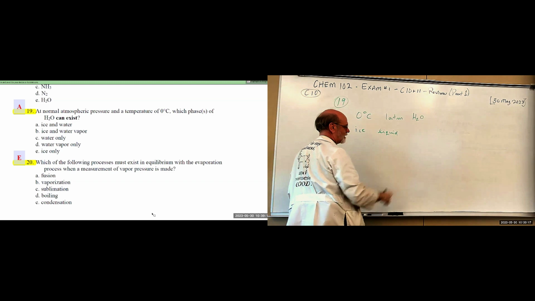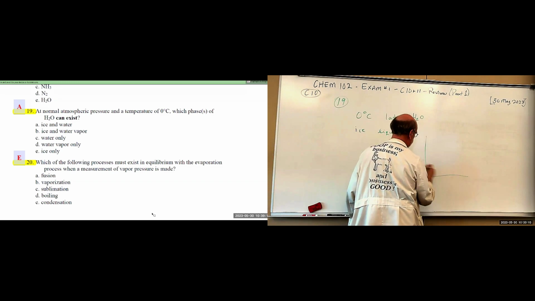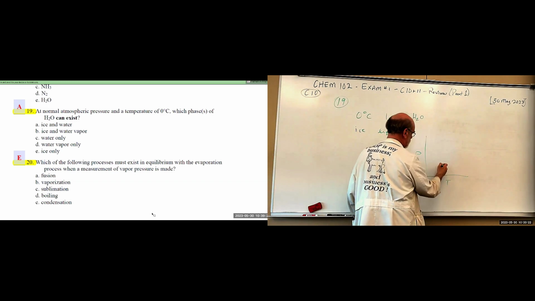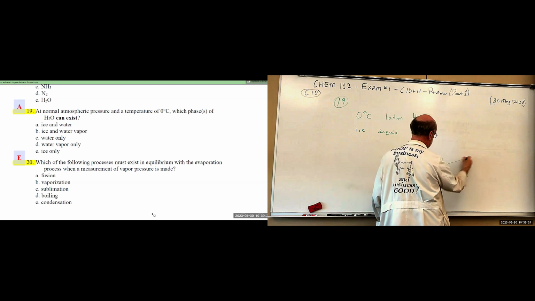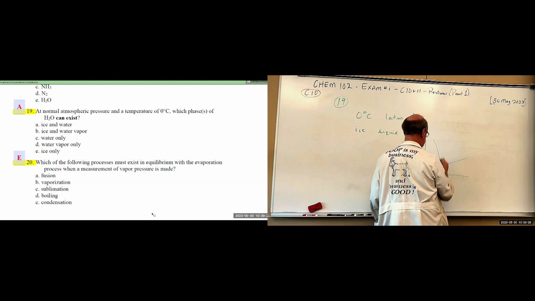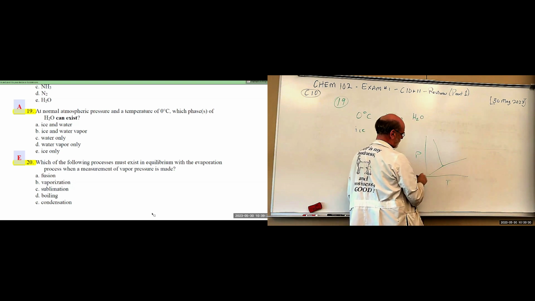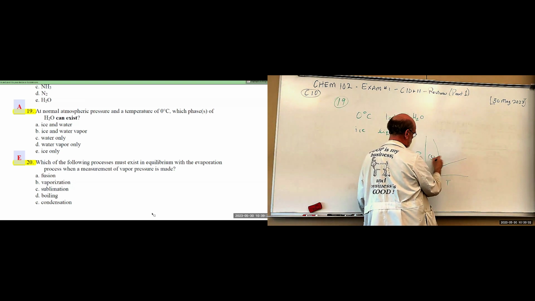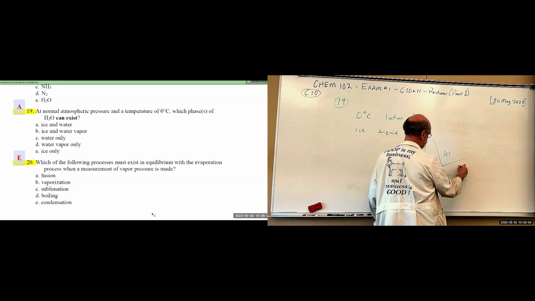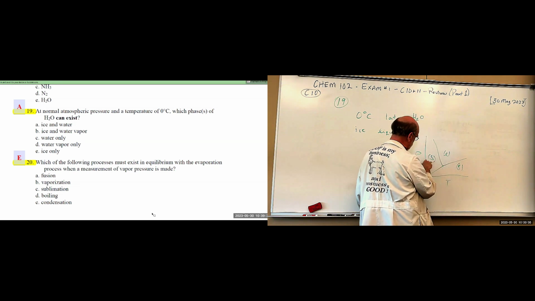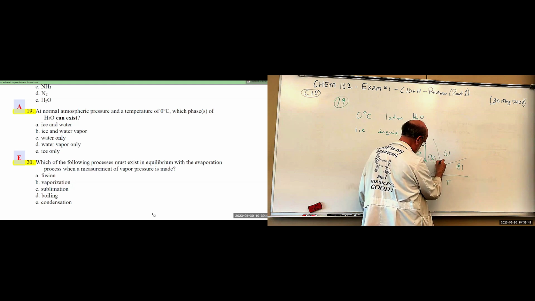Right? If we drew the phase diagram, pressure, temperature, there's our triple point. Go like that, go like that, go like this. Then this is a solid, this is a liquid, this is a gas. So anywhere on this line, if we're at 1 atmosphere, the temperature is going to be 0 degrees.